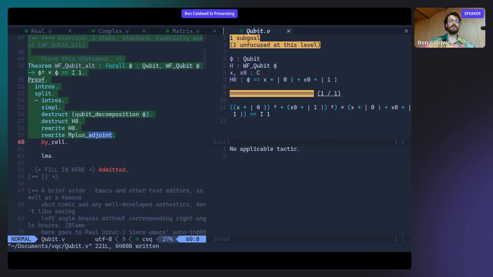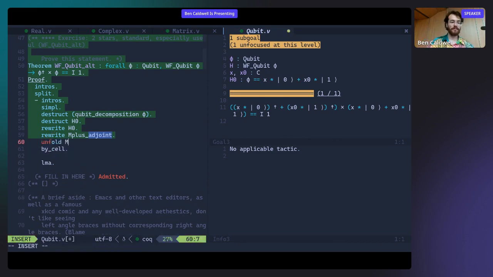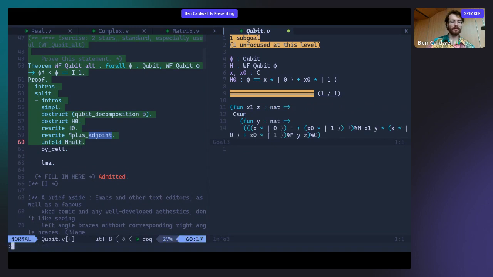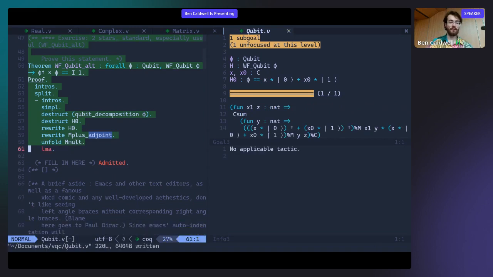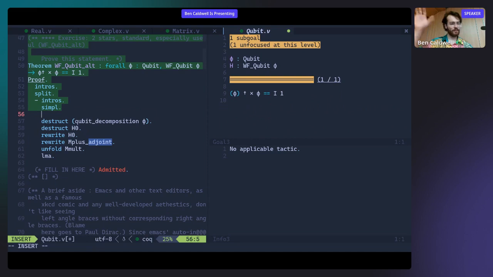Maybe we should unfold the matrix product. I think LMA is not working because it's not substituting fully beyond some getting cells. So you think unfold m molt? Yeah, right. And then okay, yeah, could be. Plus, I don't know now. Maybe I tried this qubit decomposition thing, but I'm not convinced that was the right path anymore.